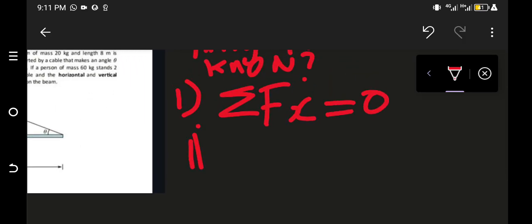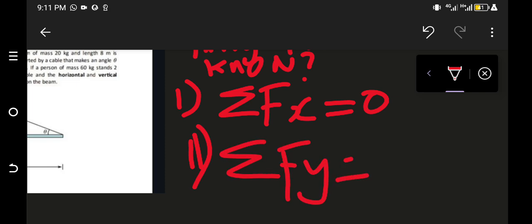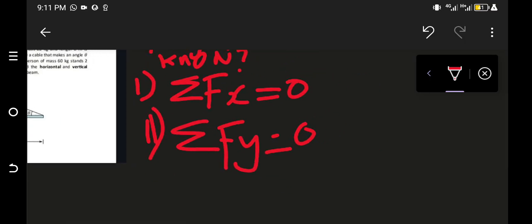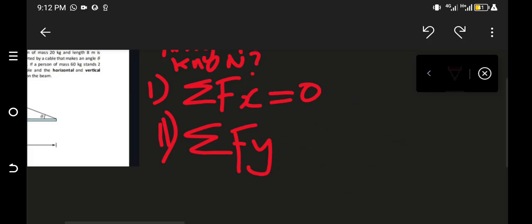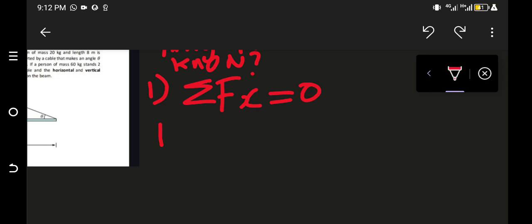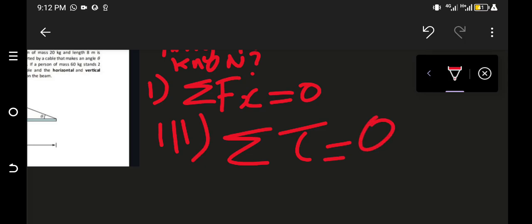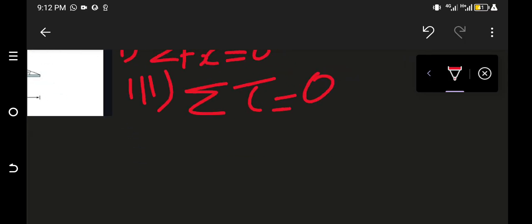The second says the sum of the forces in the y direction, the y component, should be equal to 0, either up or down. Forces should be equal to 0. And third is that the sum of all the torques acting on an object should be equal to 0. The torque is just moment.